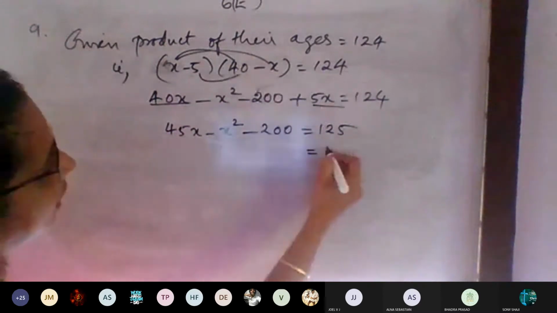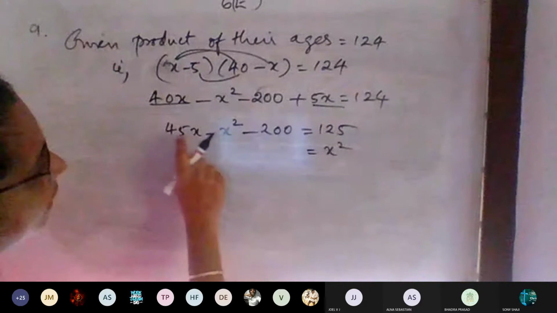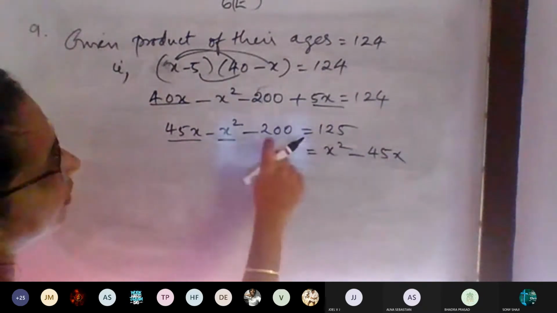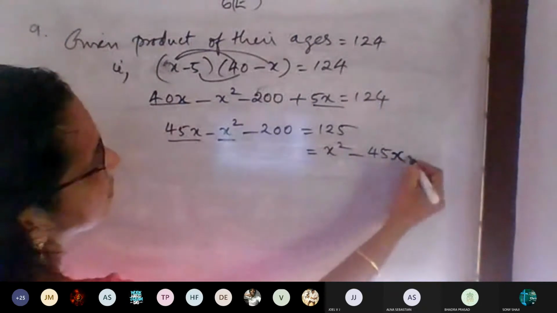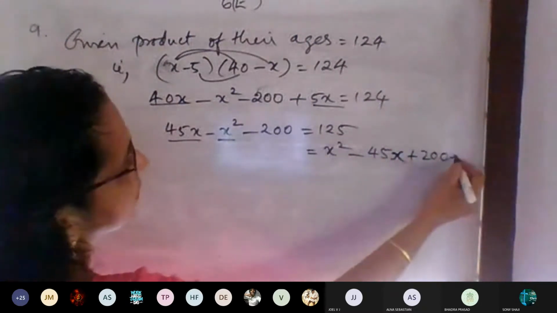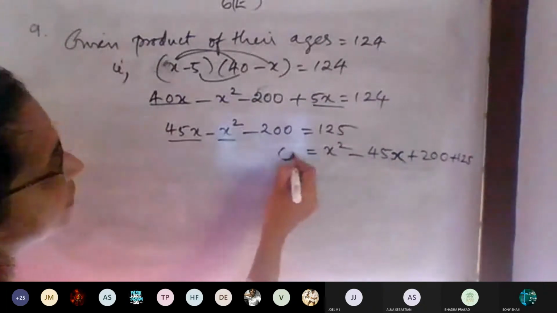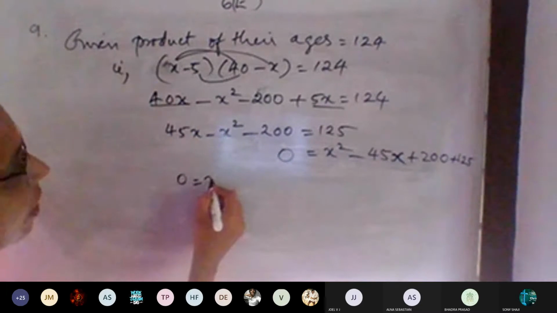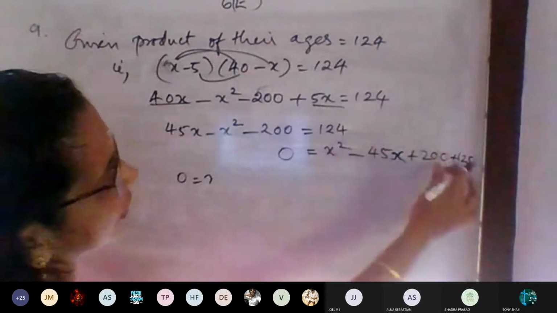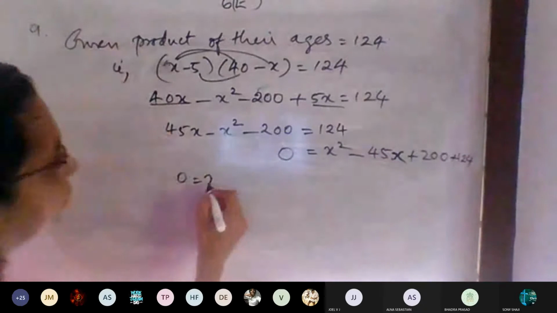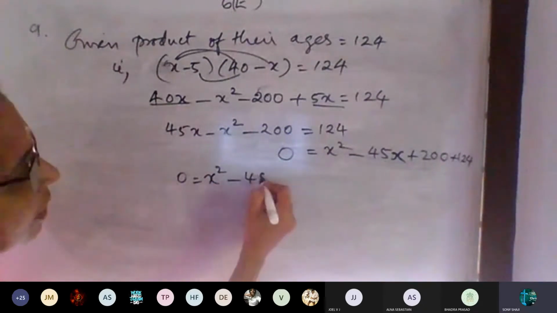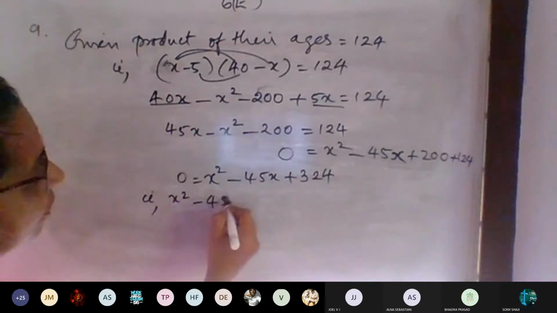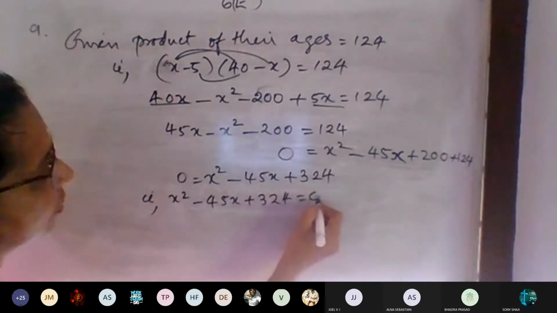Since it is negative, take this to the right side. So positive x square, then this will become negative 45x, then plus 200, then plus 124, left side 0. That is x square minus 45x plus 324 is equal to 0.